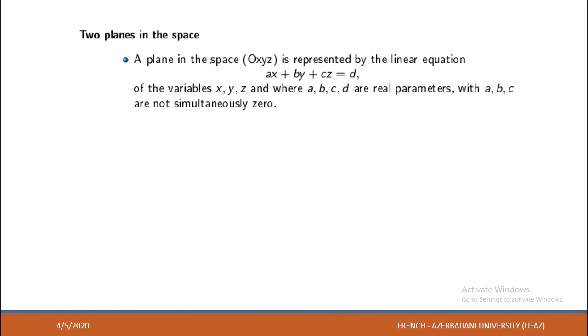A plane in the space Oxyz is represented by the linear equation ax plus by plus cz is equal to d. Here x, y, z are variables, a, b, c, d are real parameters, and a, b, c are not zero at the same time.